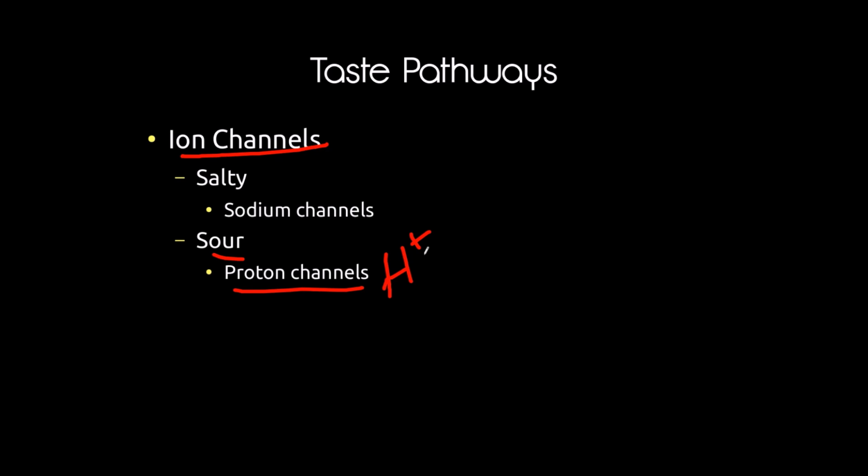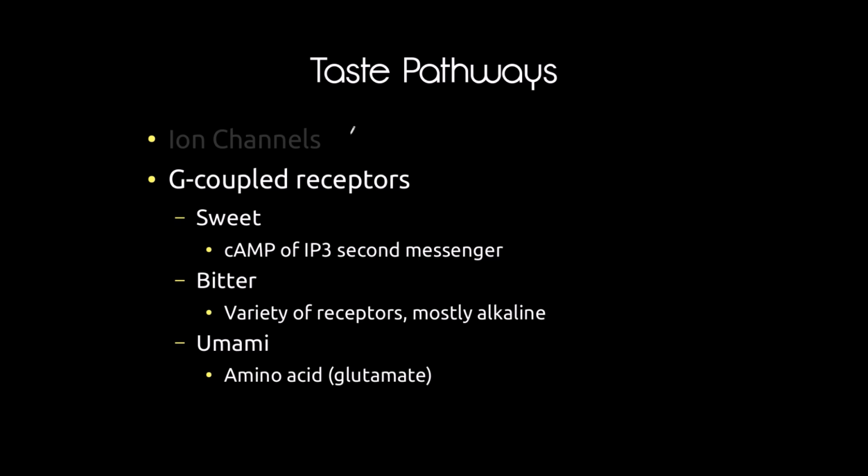Both of these are the simplest of the taste receptors that we have. The rest of them are G-coupled receptors. I'm not going to talk too much about specifically how these G-coupled receptors work. Just know that that is what's going on.